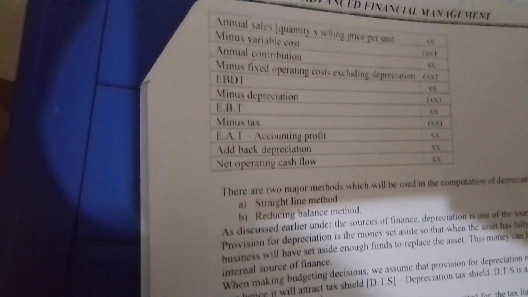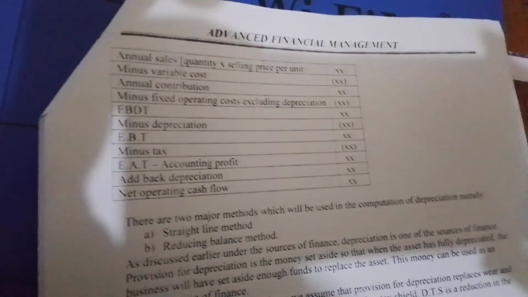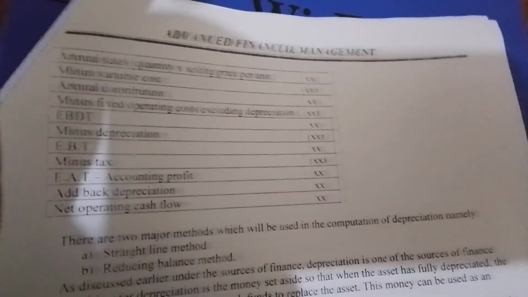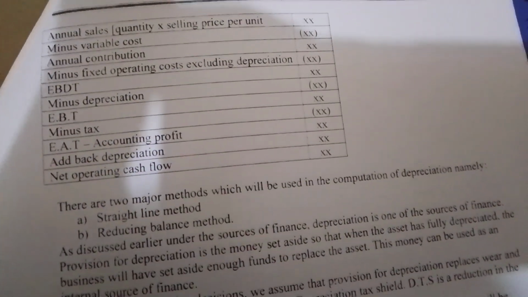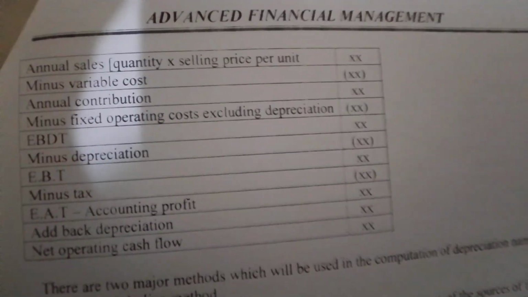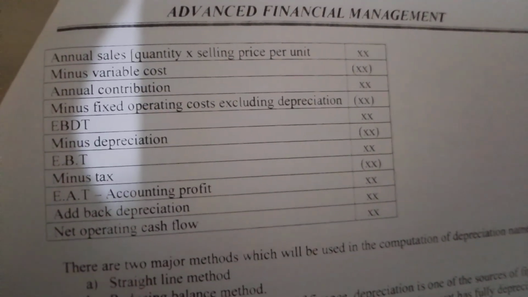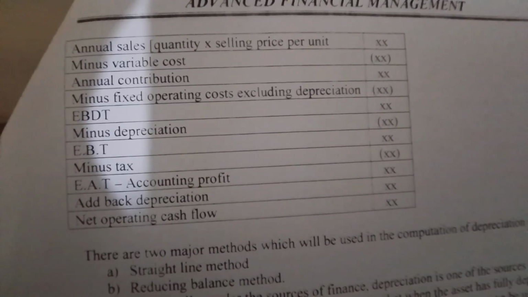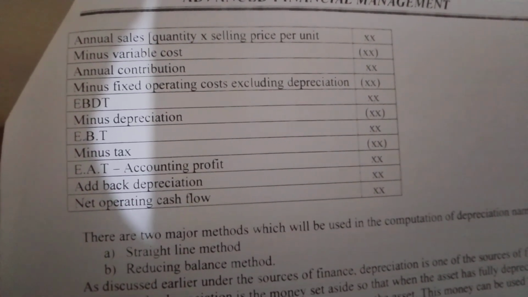Our format is here. We want to see how to calculate net operating cash flows. You'll be picking annual sales, take the quantity sold times selling price per unit, you minus variable cost to get annual contribution.